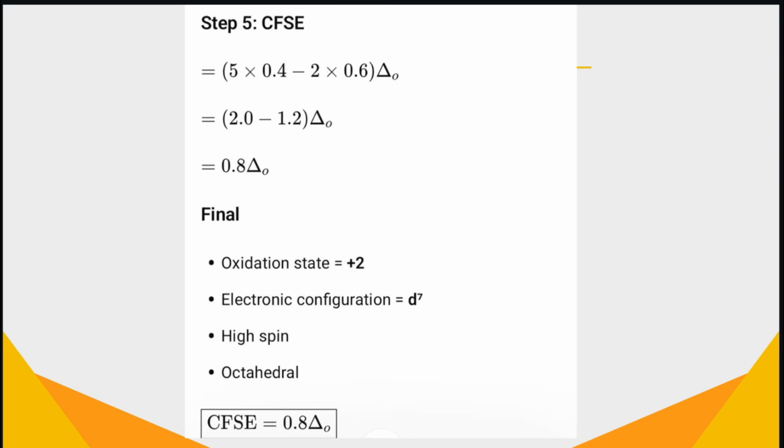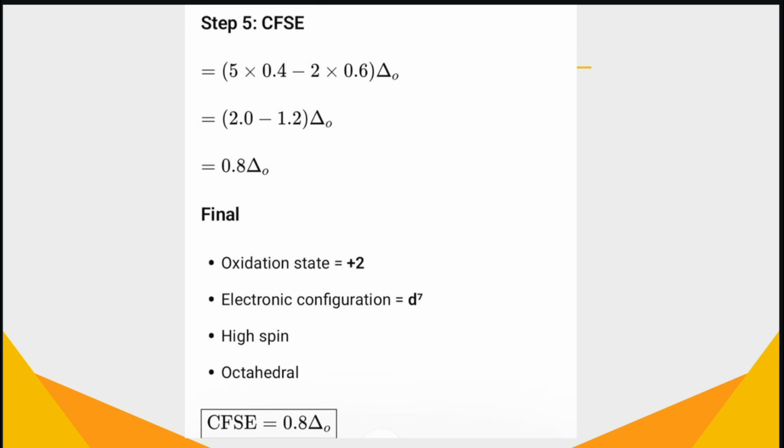So, in step 4, we will see the electronic arrangement. For high spin d7, you will get t2g5 and eg2. Therefore, t2g is equal to 5 and eg is equal to 2. Now, in step 5, we will calculate CFSE. CFSE is equal to (5 × 0.4 − 2 × 0.6) × delta naught, that is 2 minus 1.2, so you will get 0.8 delta naught.